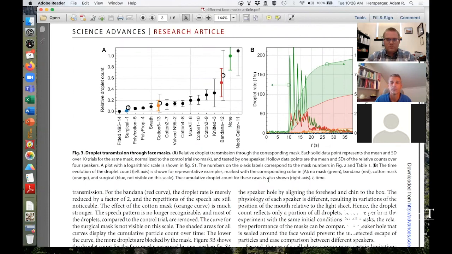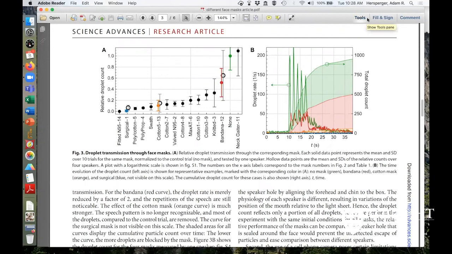A value of 1 at the top, the green data point that says none, corresponds to the full amount of particles you get when you're not masked. If you look at the one to the right that says neck gator, they found that neck gators are basically completely ineffective. They were no different than wearing nothing. But a bandana cuts about 50% of the particles out.